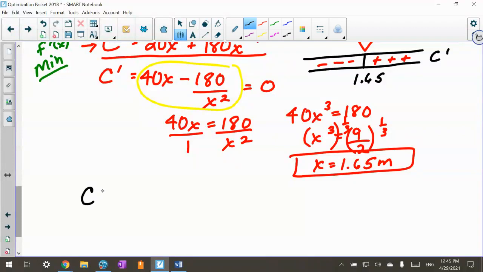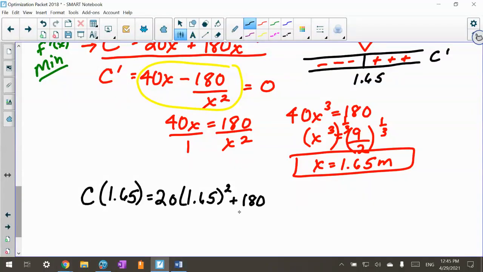So C of 1.65 meters is going to equal 20 times 1.65 squared plus 180 all over 1.65.